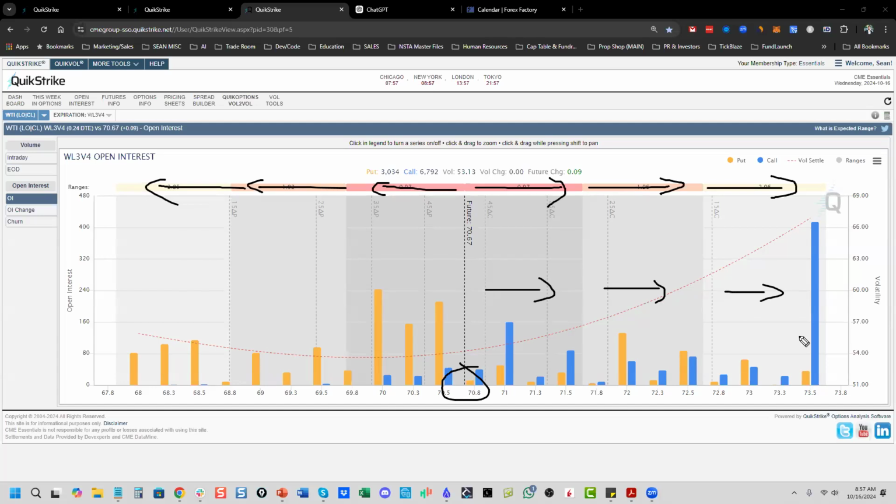Now, I can promise you this. The simplest way to understand the likelihood of these levels being major levels is the height of these histograms. You see how this one's a bit smaller, bit smaller, bit smaller. It's a medium-sized one, medium size. But look at this one. Holy shit. This one's massive, by the way, 71.